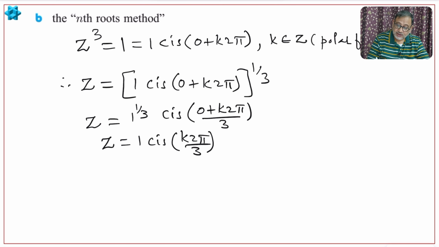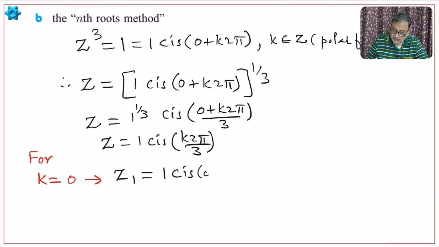So we start with k is equal to 0, we get 3 cube roots. So z1 will be 1 cis 0, cis 0 is 1, so 1 will be the first answer.